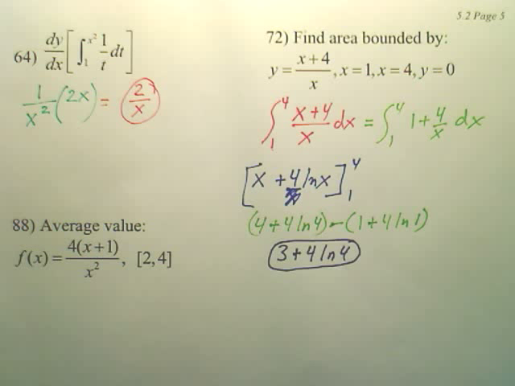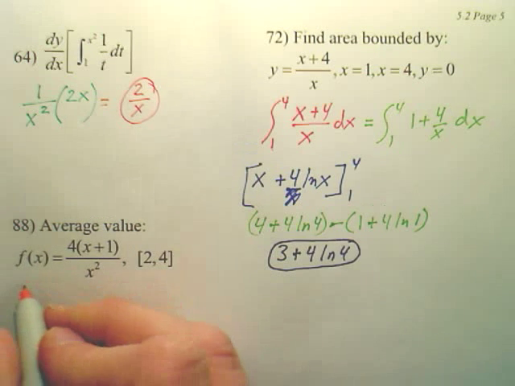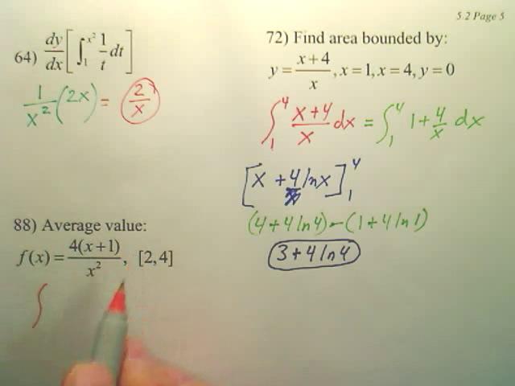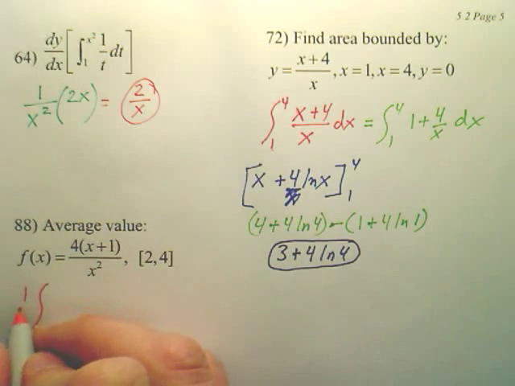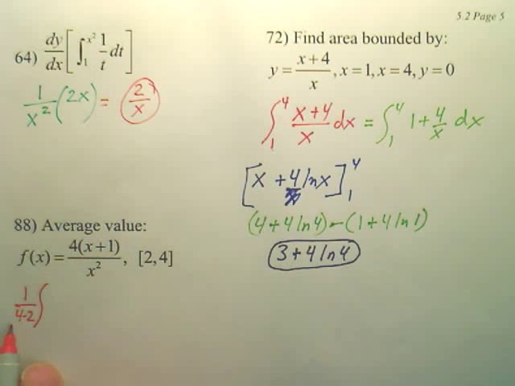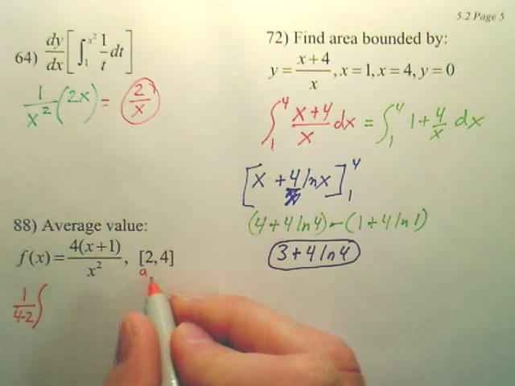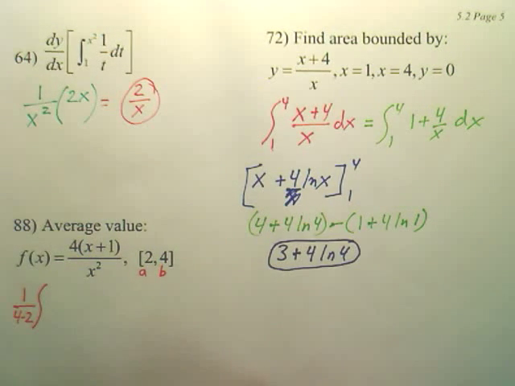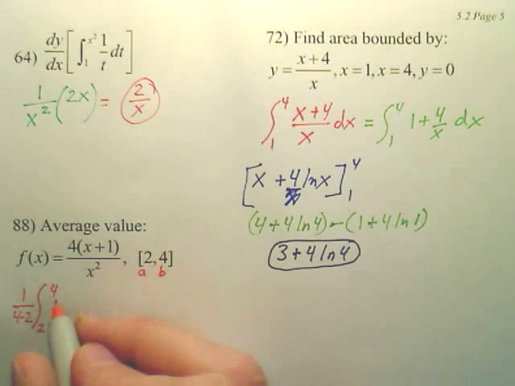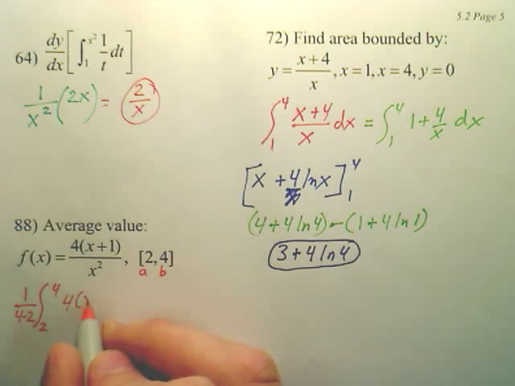If you had a calculator, you could finish it. And then the last one, to find the average value, you first are going to take 1 over b minus a. The interval is from 2 to 4 of this equation.